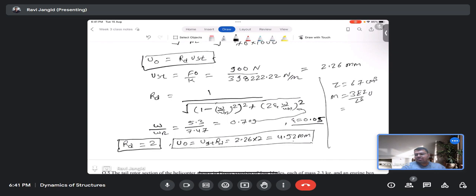So what I'm getting is the maximum bending moment M of 4050 Newton meter. Is it okay? Yes, correct. Then you calculate the stress, M by Z. That will come out as 4050 over 67 into 10 raised to power minus 6. Okay, so can you calculate the bending stress?